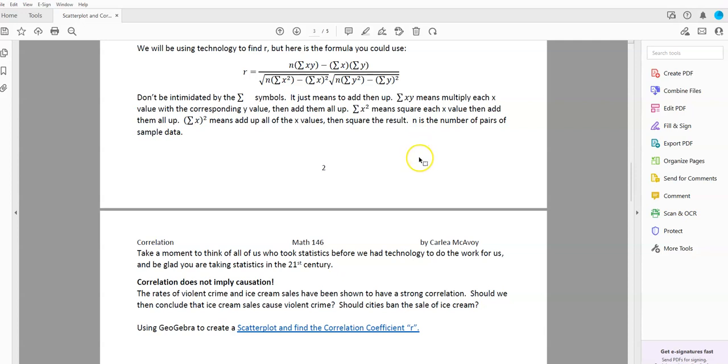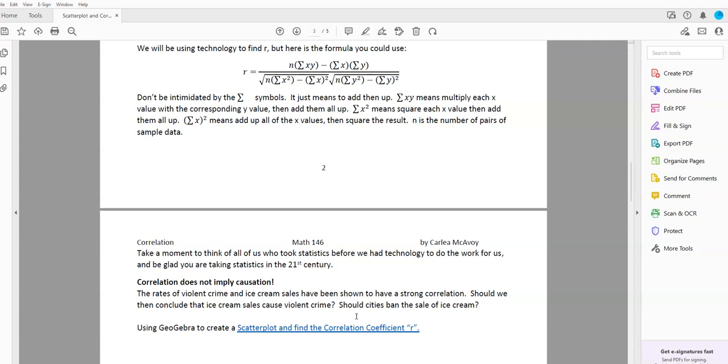And finally, the last thing I want to tell you is that correlation does not imply causation. The example you'll see around is that the rates of violent crime and ice cream sales have been shown to have a strong correlation. Should we then conclude that ice cream sales cause violent crime? Should cities ban the sale of ice cream? And the answer is that there's some other lurking variable that's probably causing this. And in this case, it's just warm temperatures.